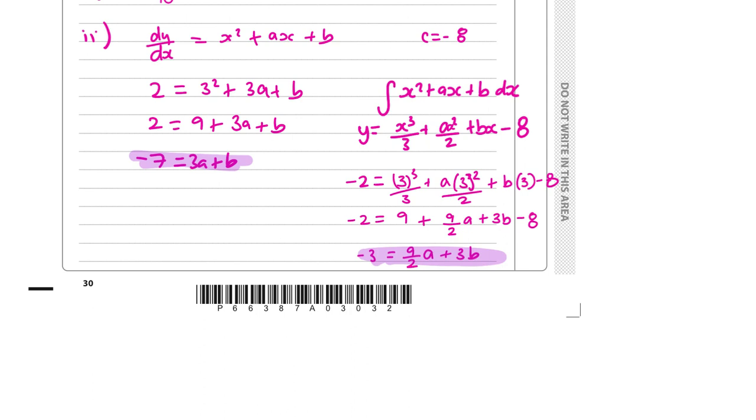Okay, so, right then. I'm going to have minus 3a minus 7 equals b and substitute that in. You do it a different way and then let's see if we both get the right answer. So minus 3 equals 9 over 2a plus 3 lots of negative 3a minus 7.